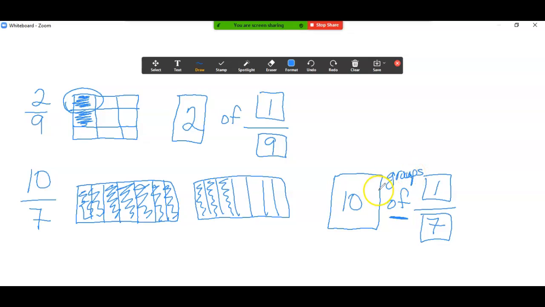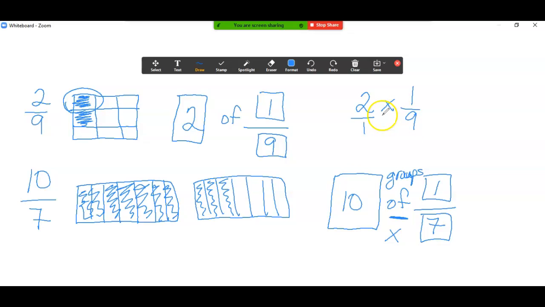Now, groups of. Remember when you were doing this in 3rd grade when you were multiplying? Groups of is the same thing as saying multiply. So when I say 2 times 1/9, okay, I'm saying 2 groups of 1/9. Well, that's over here, 2/9, isn't it? Okay, that's going to lead us into our lesson tomorrow, which this is how you multiply.